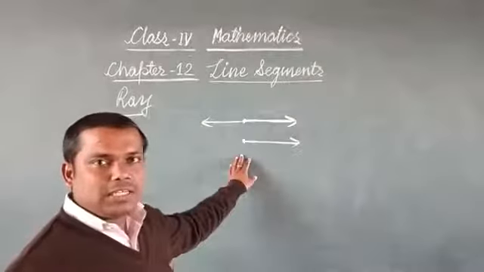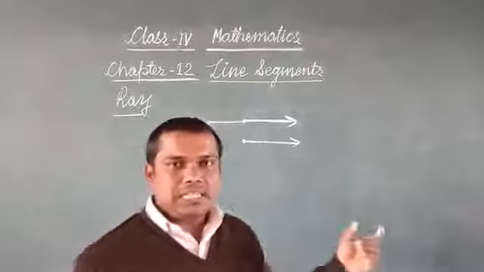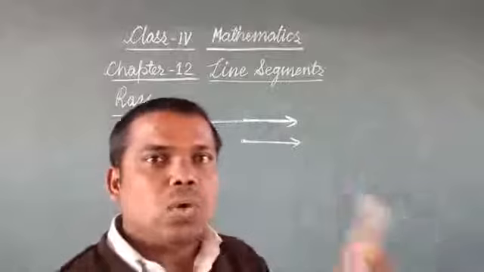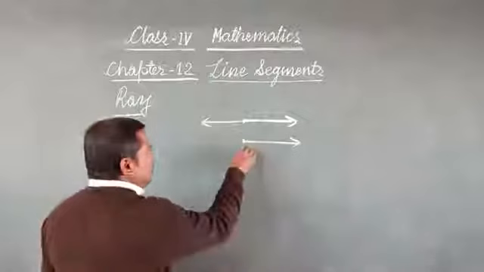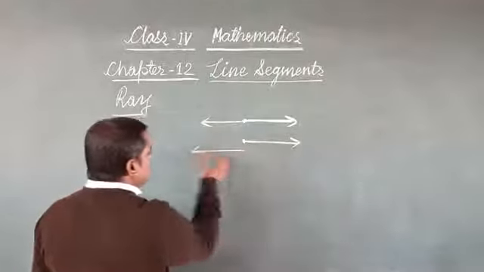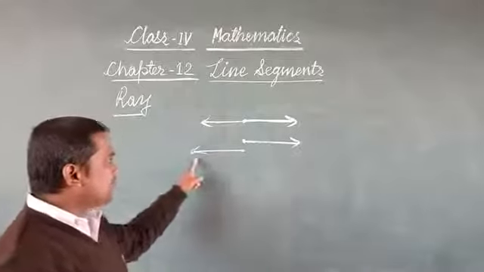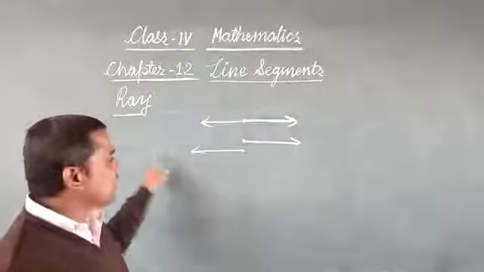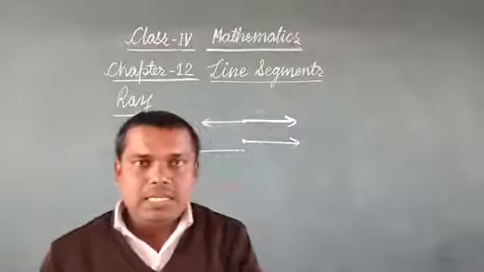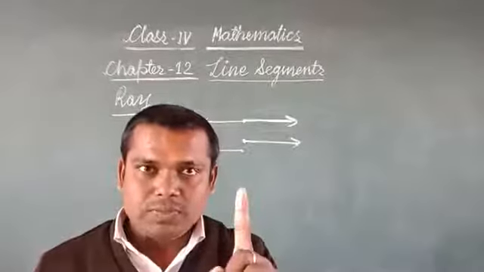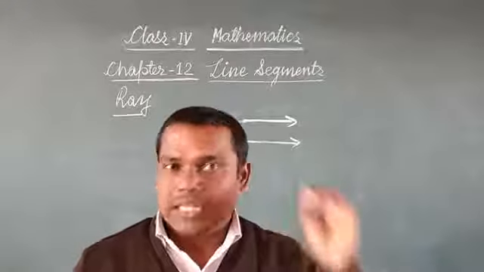A ray is a part of a line having one fixed point, and it can be extended in only one direction, in this direction. You can take another ray from here in the other direction. So a ray is a part of a line having one fixed point and it can be extended in only one direction.